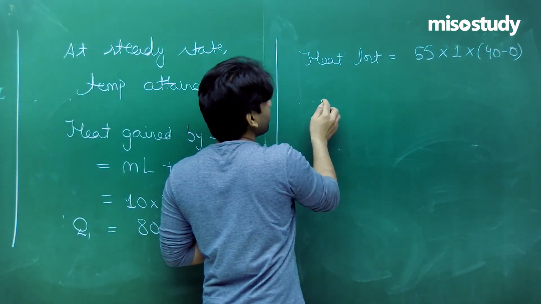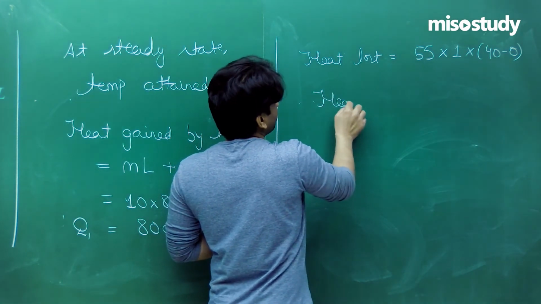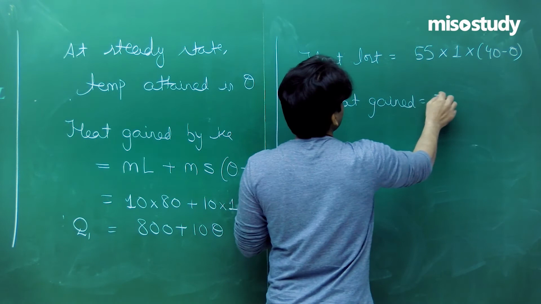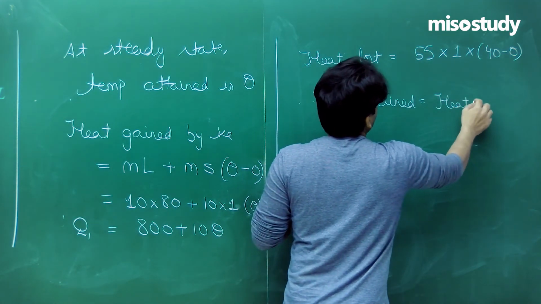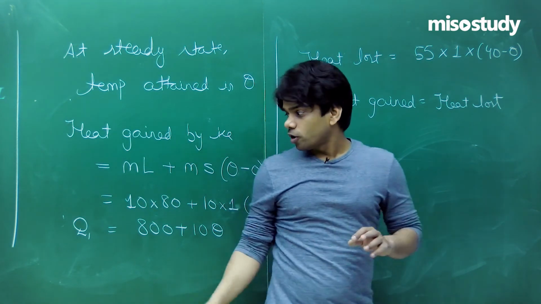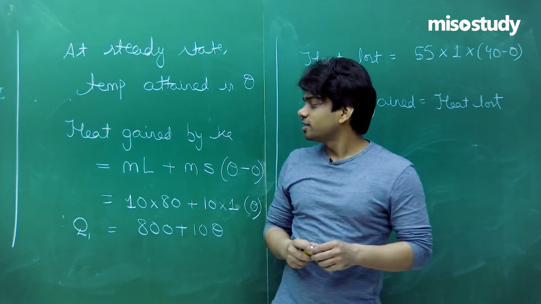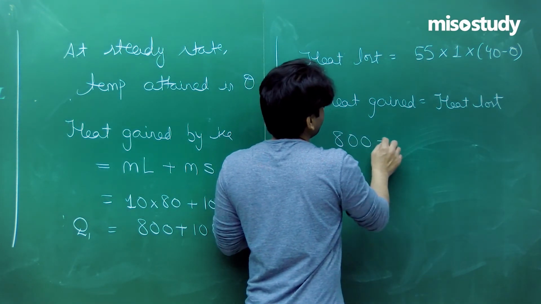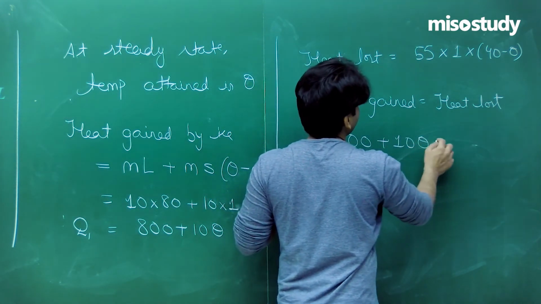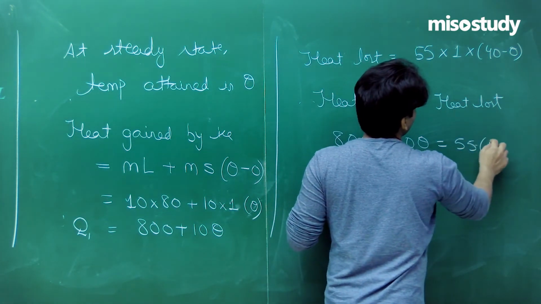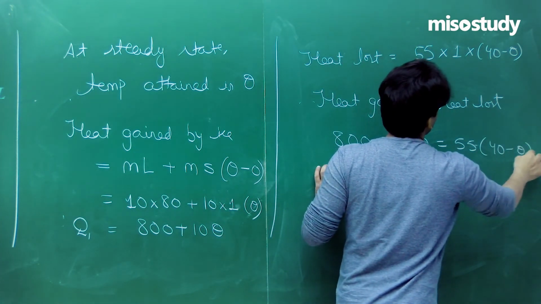Therefore, from the principle of calorimetry, heat gained is equal to heat lost. Heat gained by ice, we have already evaluated, 800 plus 10 theta, is equal to heat lost, 55 into 40 minus theta.